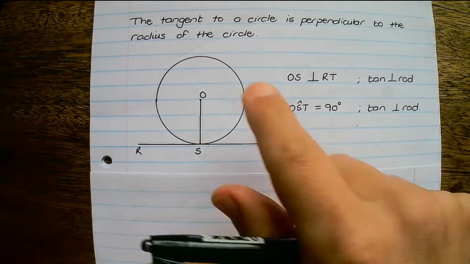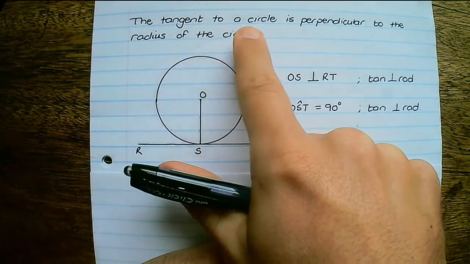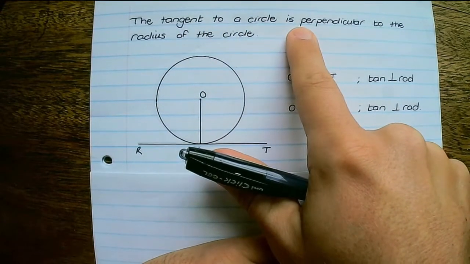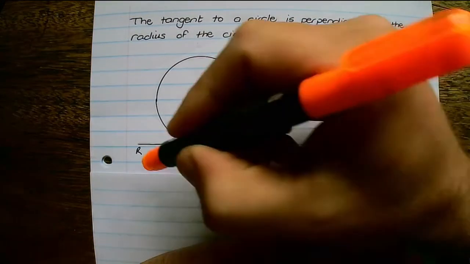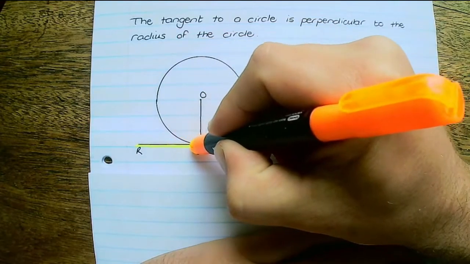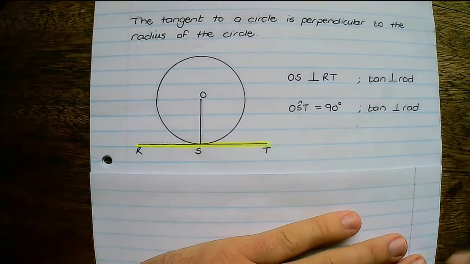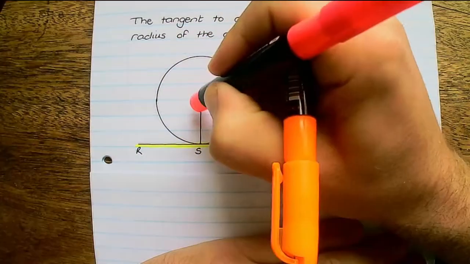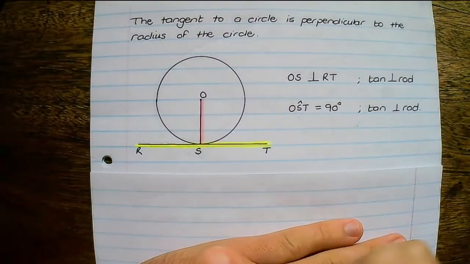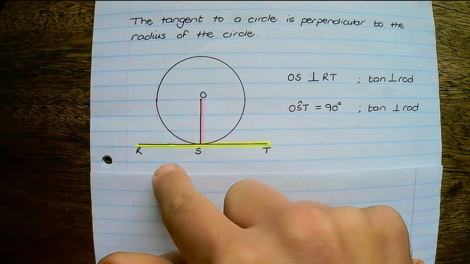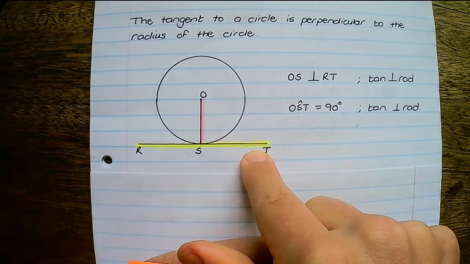So first off, we have the tangent to a circle is perpendicular to the radius of the circle. So we have a line that is tangent, that's the tangent to the circle. And we have a radius. What this theorem is saying is that these 2 lines are perpendicular to each other.